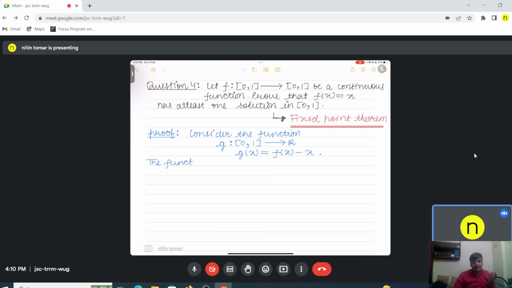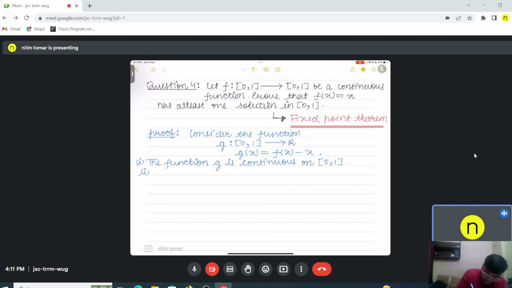See, f is a continuous function on 0, 1, and this small x is also an identity function, x goes to x. So this is a difference of two continuous functions on 0, 1, hence it has to be a continuous function. This much we know about the algebra of continuous functions. So the function g is continuous on 0, 1. This is point 1.